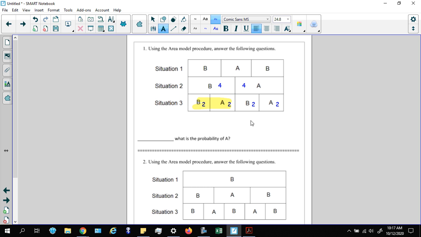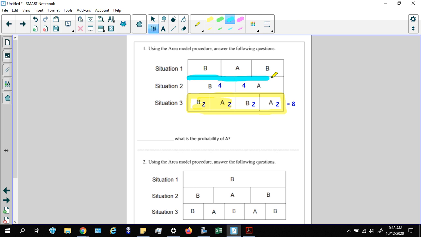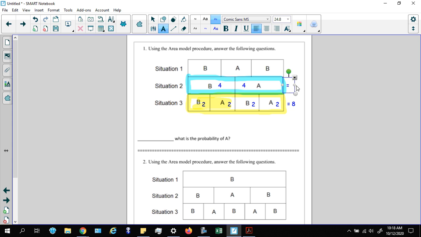So if you add up all the numbers on each row, it equals 8 square units. Looking at row 2, this also equals 8 square units. So this top row has to equal 8 units.